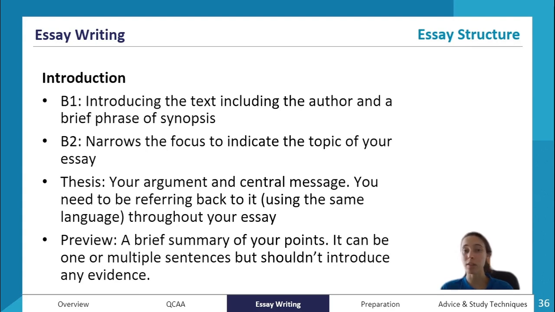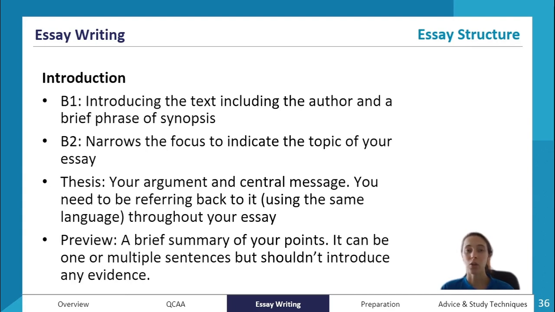So this can be one sentence, two sentences, or three sentences, one for each of your points, but you shouldn't be introducing evidence. You shouldn't be analyzing things and talking about what things show and what things indicate. So make sure that these points are purely an outline and don't go into a lot of detail.